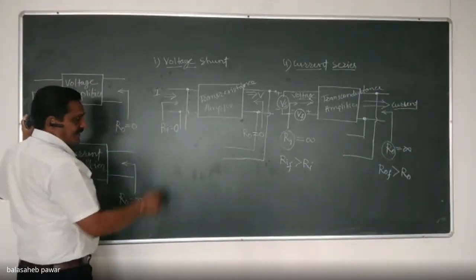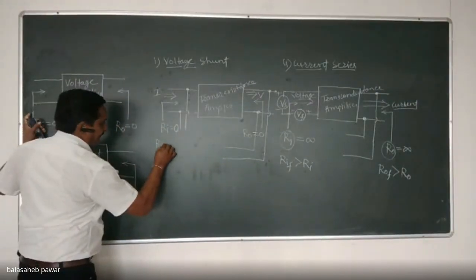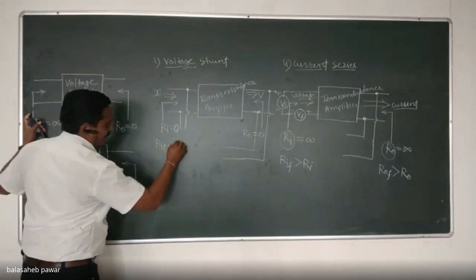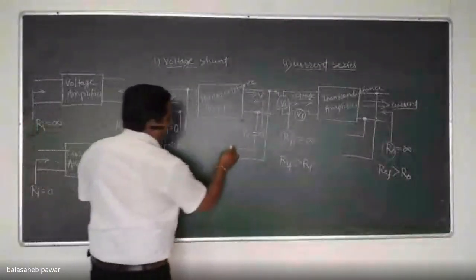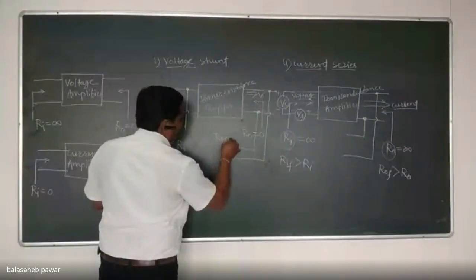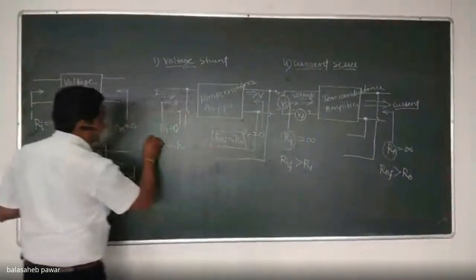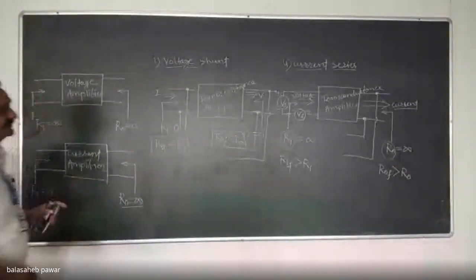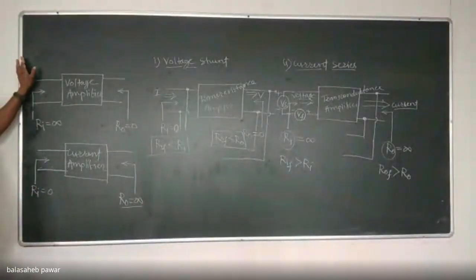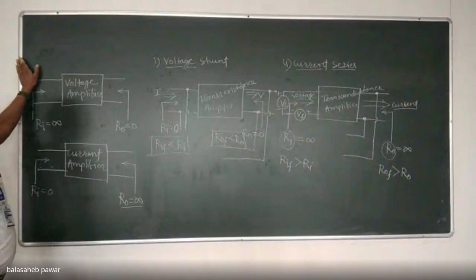As both impedances get improved, that means we can say RIF will be less than RI. Similarly, ROF will be less than RO. Is it clear? Yes, sir. Okay. Now go to the last one.